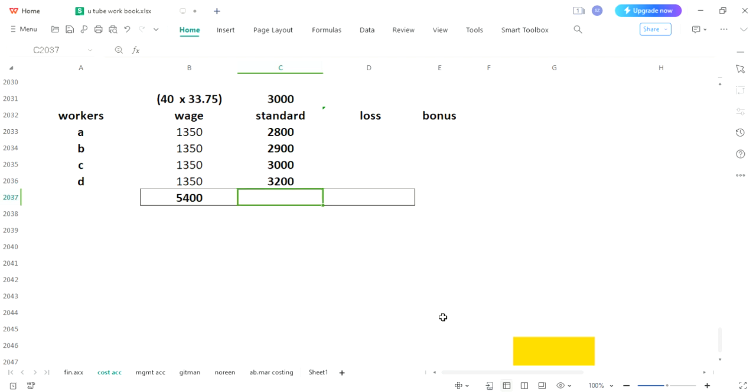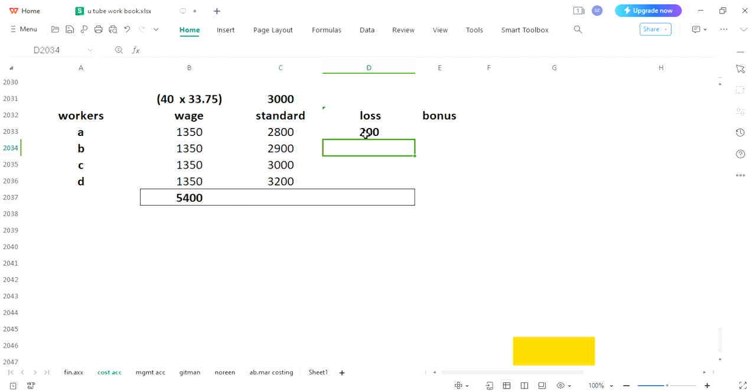Now you will decide how we have lost production and how some worker has produced more units than the standard. Standard was fixed above, 3000. So it's easy for you now to decide that worker A, the worker whose name is A, it's a loss. Loss of how many units? 200.